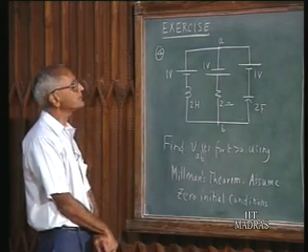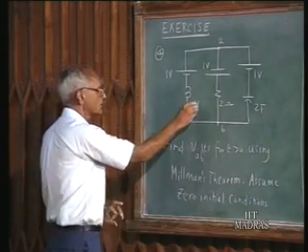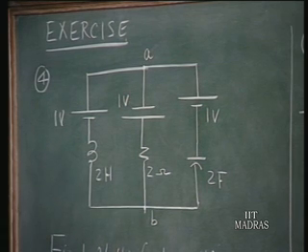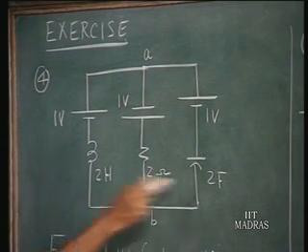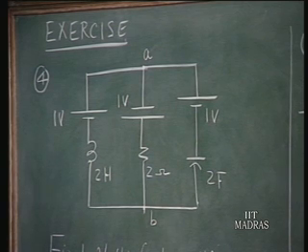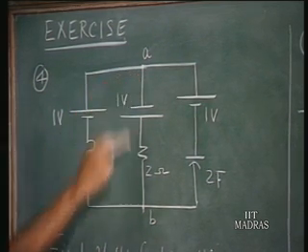Problem number 4, copy the circuit. It has three parallel branches with three 1 volt sources, where this polarity is of course reversed, and you have a 2 henry inductor, a 2 ohm resistor, and a 2 farad capacitor. Assume zero initial conditions in the circuit and find the voltage across these two nodes.